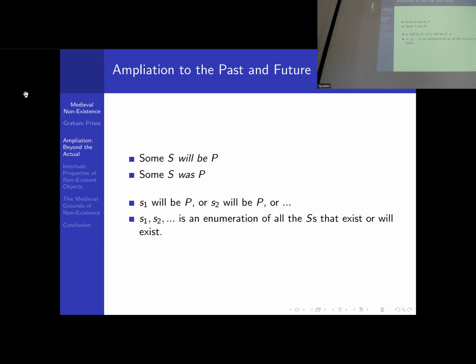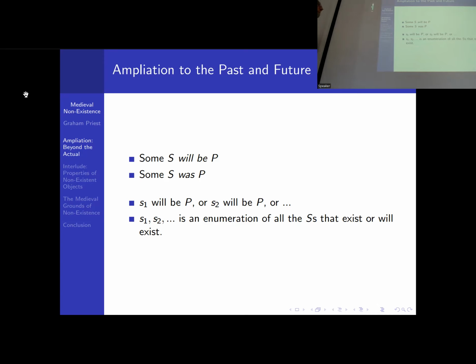Okay, so this enumeration enumerates also things that do not exist, although they will exist. And the fact that you've expanded your enumeration to things that will exist is called ampliation. So this is the doctrine of ampliation. In modern terms, what you would say is that with a future tense sentence, the domain of quantification is ampliated to include not just present things, but future things.